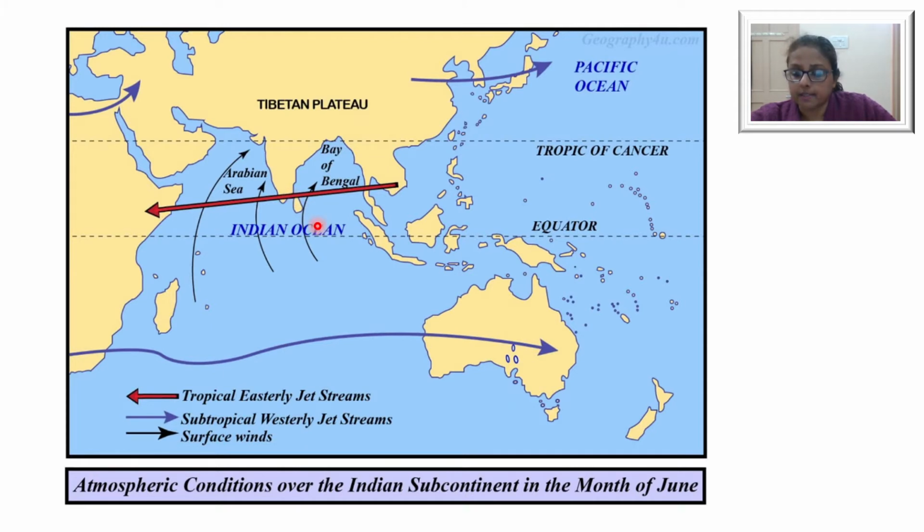They blow as southwest monsoons over the Arabian Sea, which is known as the Arabian Sea branch, and another one is the Bay of Bengal branch. These strong onshore winds are the southwest monsoons, which bring torrential downpour accompanied by thunder and lightning over the entire subcontinent.